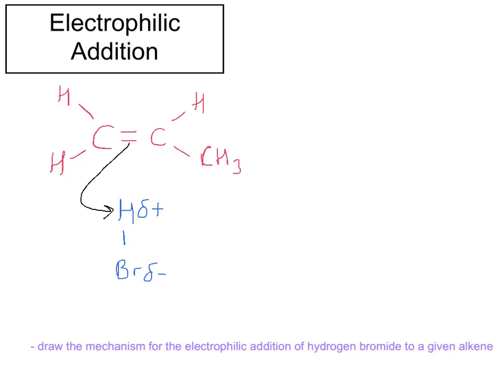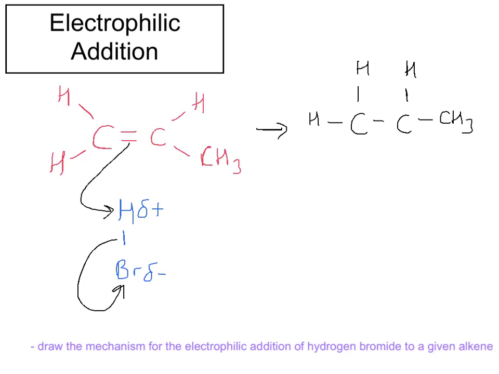Now in doing that, that will force this bond here to break, and the electrons from this bond will go onto the bromine. So what will be made is a carbocation. So we've got H on this side, H and CH3 on this side, and we're going to decide which side the hydrogen will go in a second, and we'll also create Br minus.